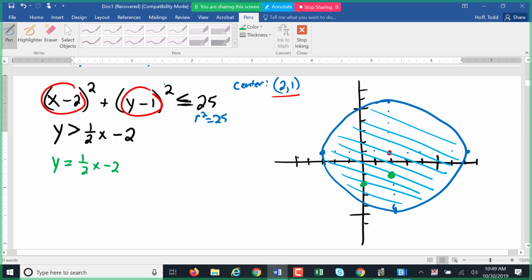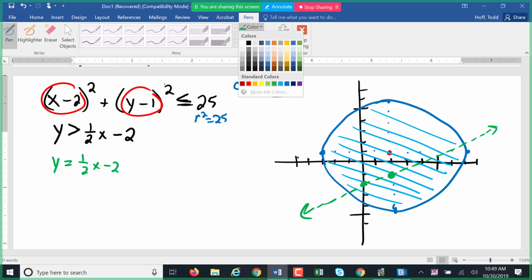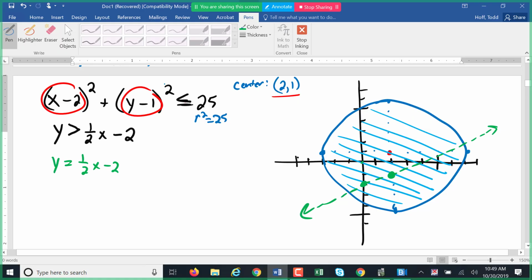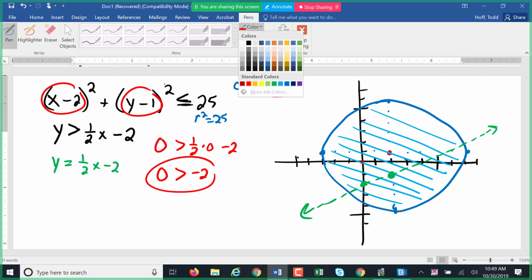It is strictly greater than, so this is going to be a dashed line. Let's pick the origin here, (0, 0), and test it. Is 0 greater than 1/2 times 0 minus 2? Well, I get 0 is greater than -2. That is true. So we are shading above the line.